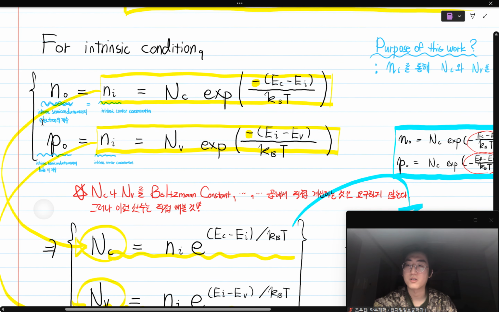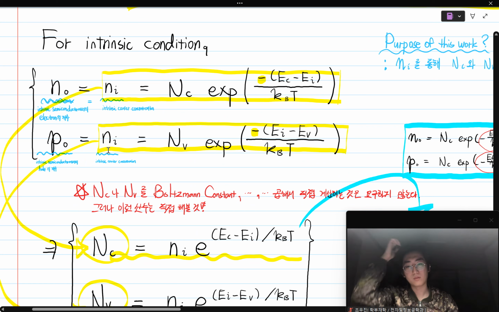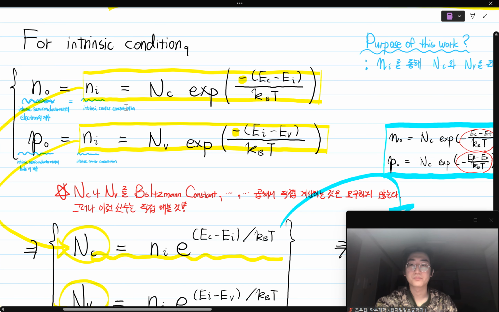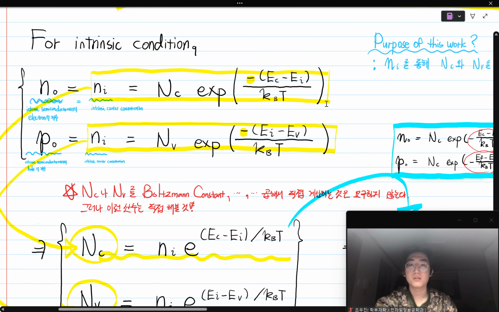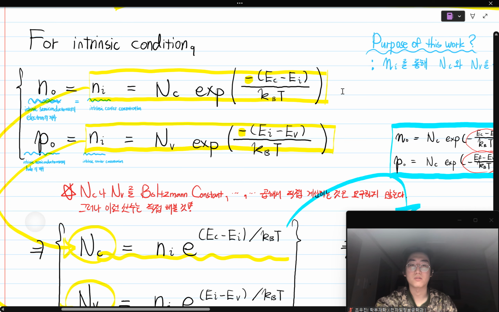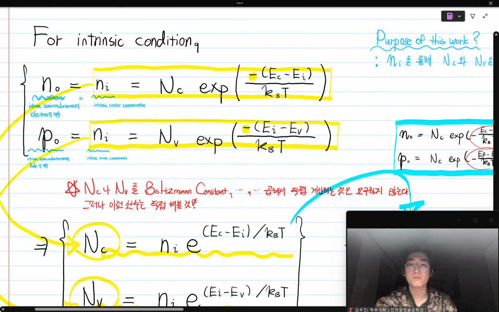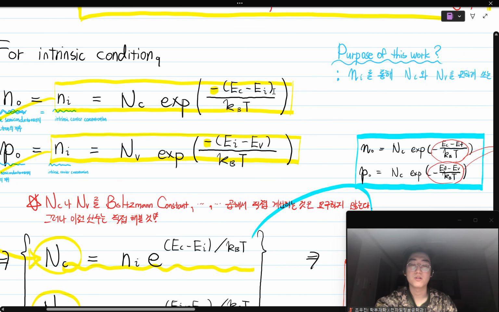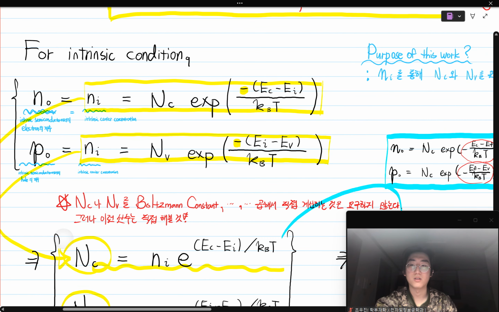This partial equation means the number of electrons in the intrinsic semiconductor equals the intrinsic carrier concentration, and we can work it out like this, from the conduction band to the intrinsic carrier concentration.